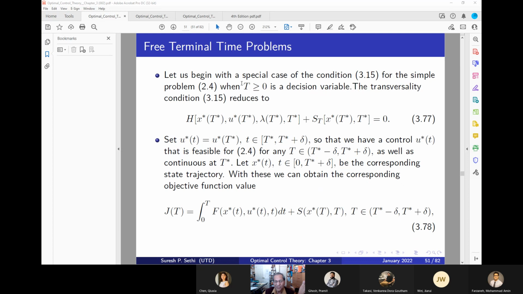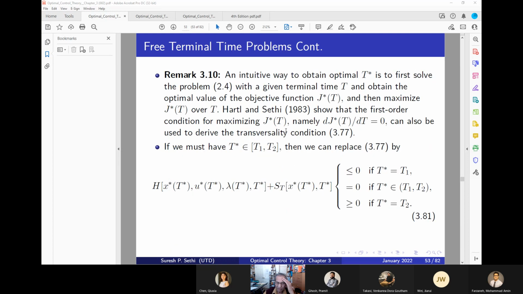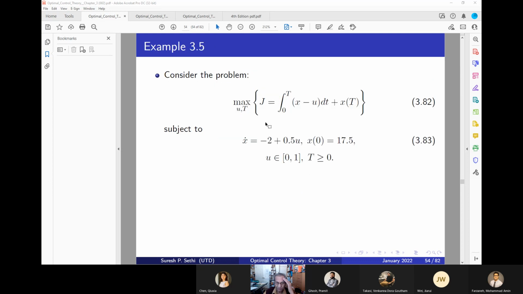That's why I don't bother with this, because if the optimal t star is 0, then there is no problem because there's no time to go anywhere. So that is a pathological problem, which we don't have to worry about. So this is kind of implicit, but this could be 0 and that could be t2, in which case certainly this condition can still be applied.